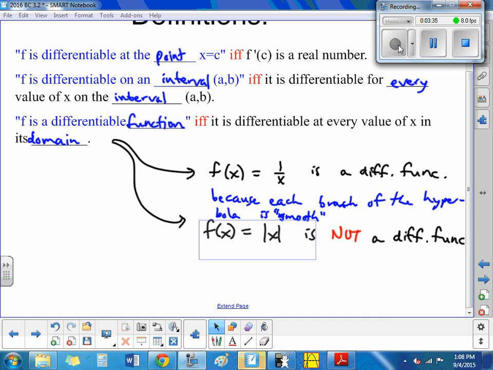We're going to flesh that out in a few minutes. Smoothness is not the only important thing. Okay? There's another criteria for differentiability, not just smooth, but also we have to have slope. So we'll talk about that in a minute.